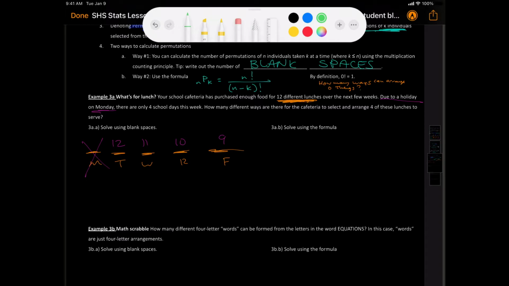Previously, we had 12 spaces for all 12 different lunches, but this one, I'm not choosing all, I'm only choosing some. Are you following? Okay, so now if you just put that in your calculator, 12 times 11 times 10 times 9, you will get 11,880 possible meal arrangements.